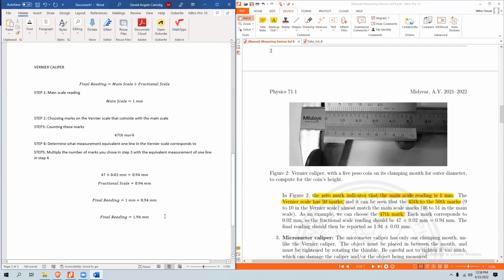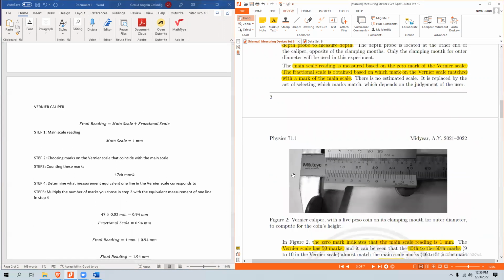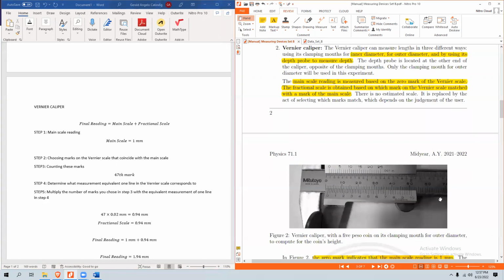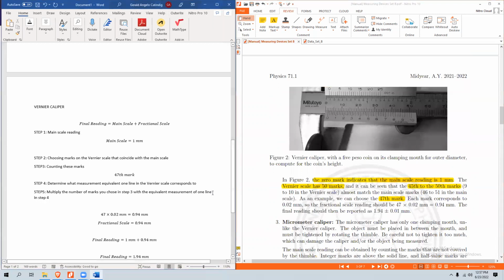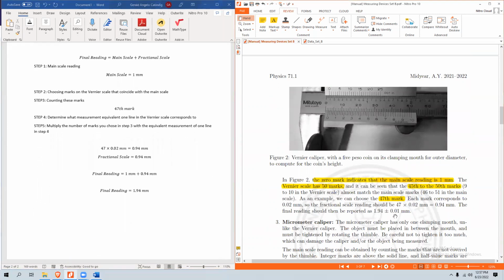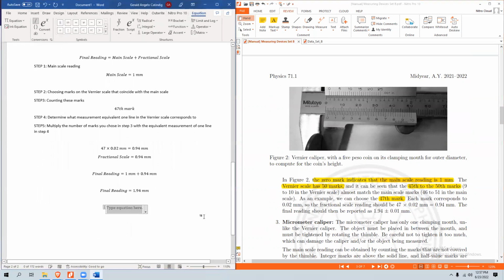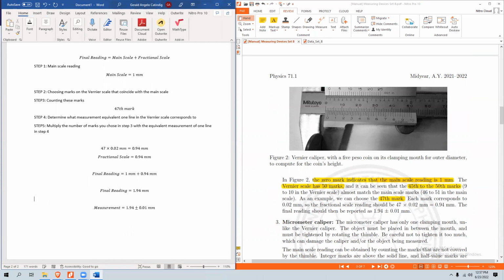Ngayon, we also have an uncertainty. So again, dito sa Vernier caliper, itong 0.02 millimeters na mark sa Vernier scale, this will be your least count. So yung least count mo dito would be halved to get the uncertainty. That's why meron tayong nakuha na 0.01. So measurement would be 1.94 plus minus 0.01 millimeters.